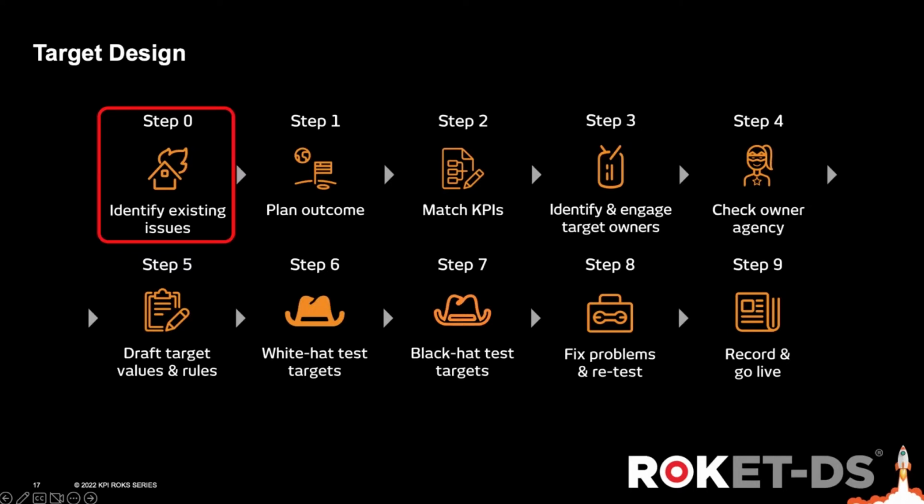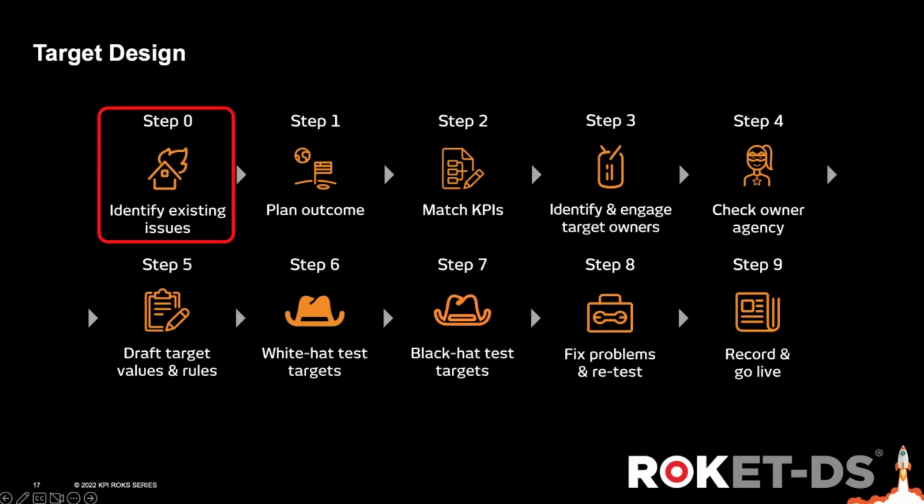In number 5, you draft your target values and rules. You need to look at your initial targets and their values. What are the rules you want to define for each one? And also try to create some progressive targets. Look at historic data, and create something that can be achievable. In number 6, you have the white hat test targets.